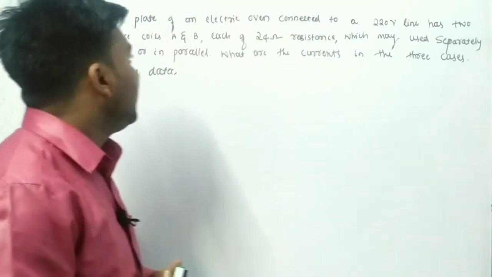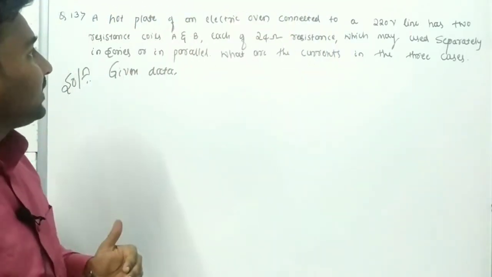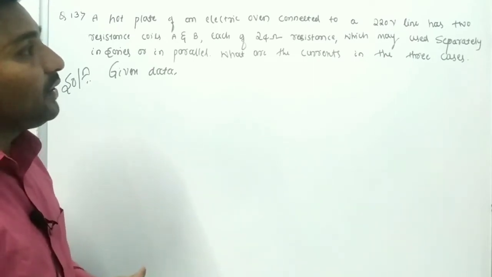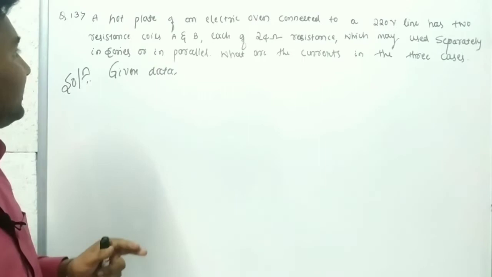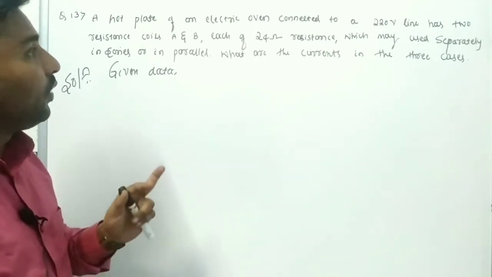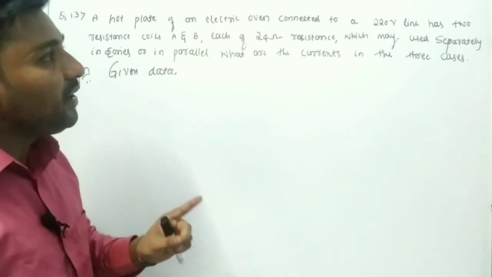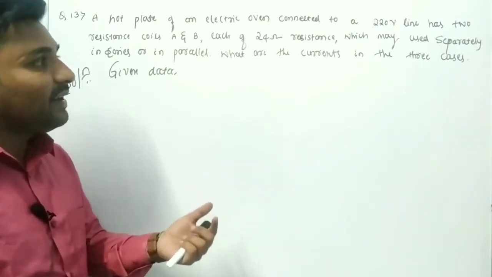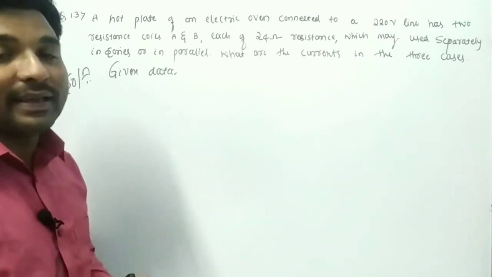Question number 13: a hot plate of an electric oven connected to a 220 volt line has two resistance coils, each of 24 ohm resistance, which may be used separately, in series, or in parallel. What are the currents in the three cases?